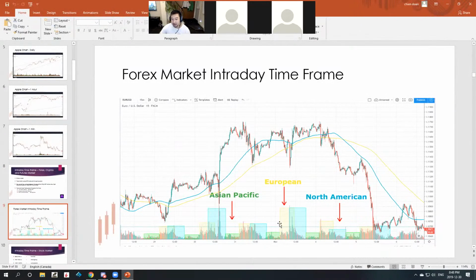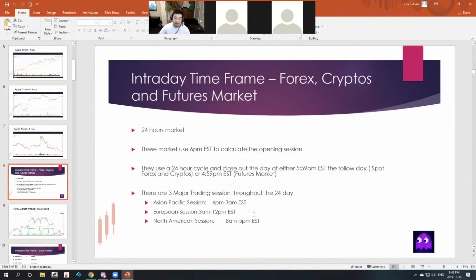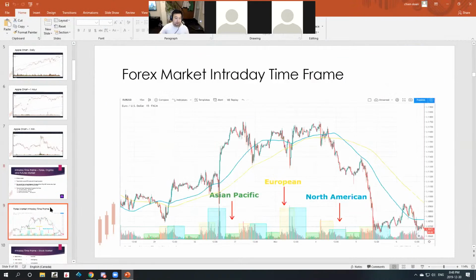Europeans in yellow and North Americans in blue. So you can see that European and North American tend to be on par with one another in terms of volume, right? And that's where you want to be trading. That's where this concept really kicks in, the overlap between the European and North American session. Because most volume trades through that time, that's when you should be participating in the markets, okay?